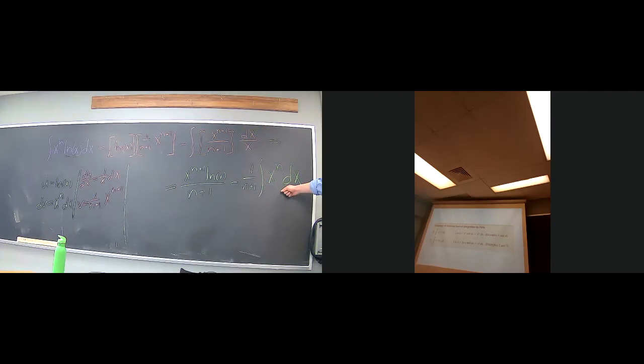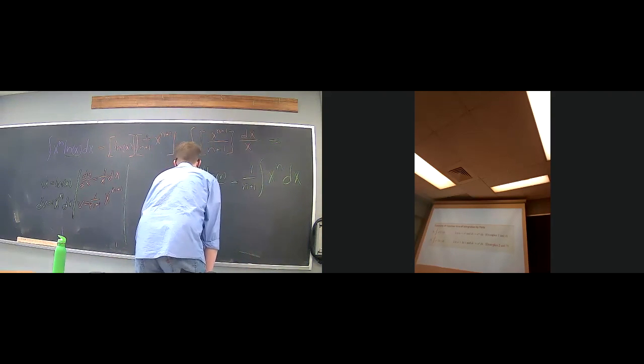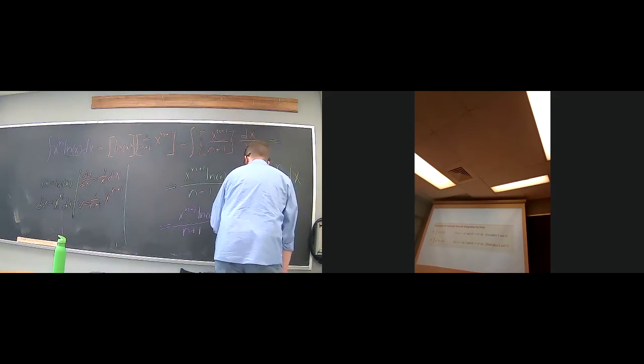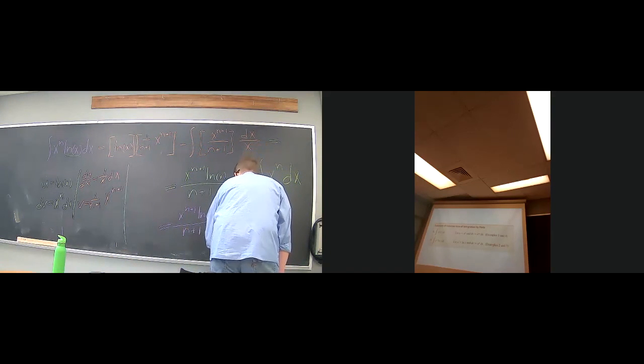We can solve this using the power rule now. It's going to come out to be x to the n plus 1 times the ln of x over n plus 1, minus, my mistake, I miswrote this.